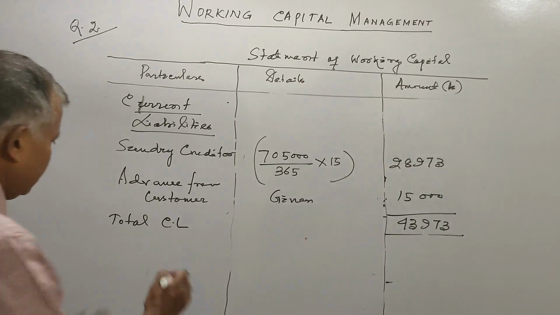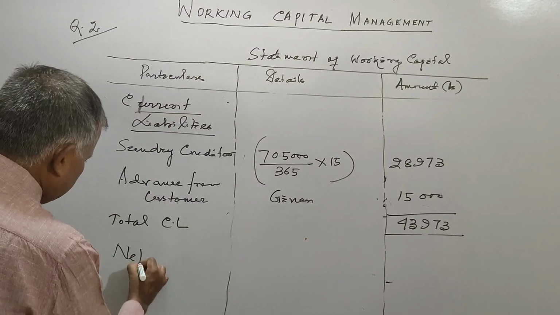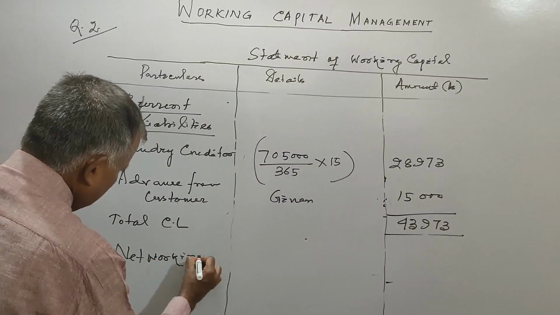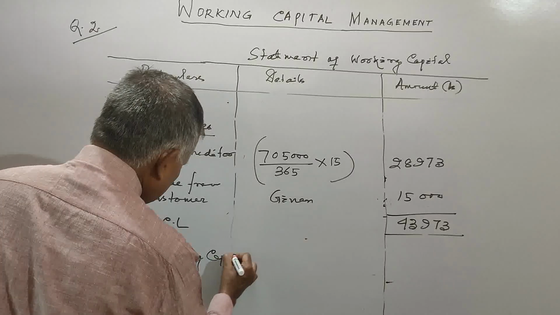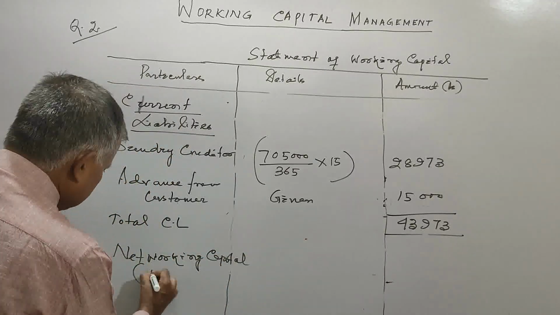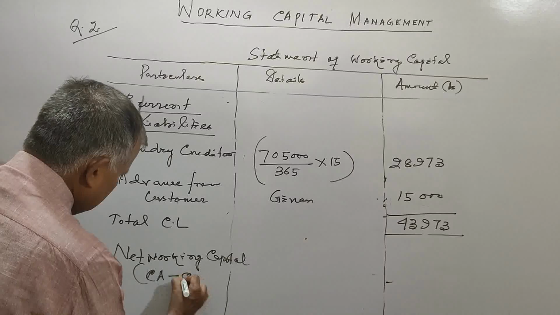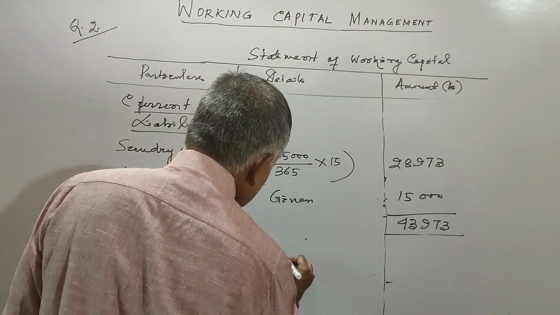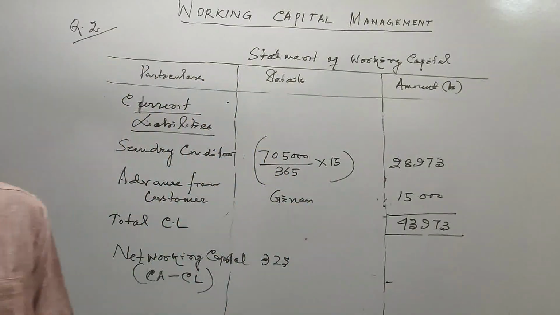Now, if we find out the net working capital, this is current asset minus current liabilities. So current asset, we know, is 3,25,753.